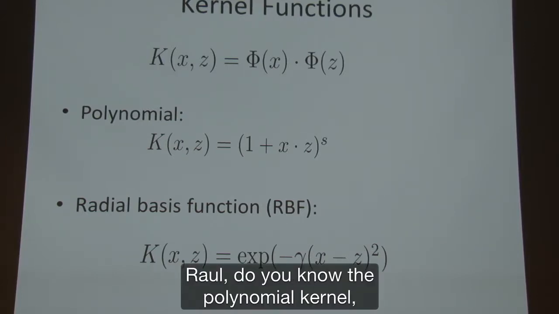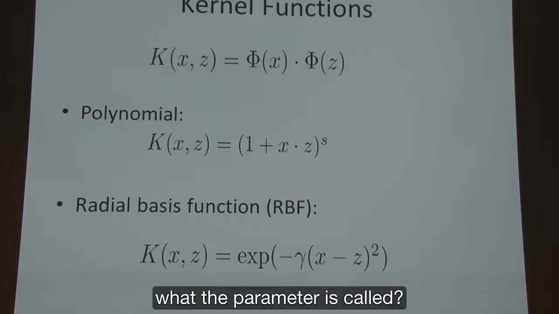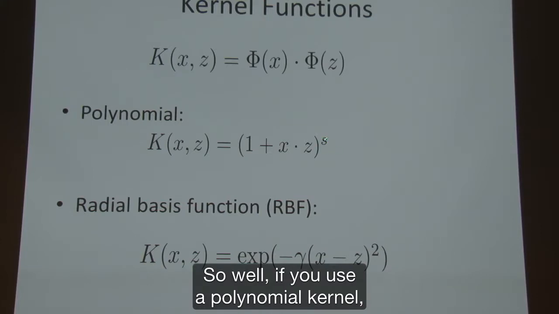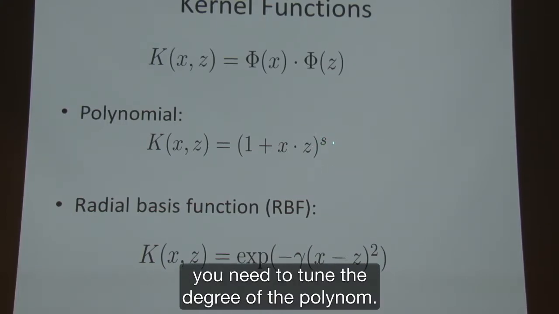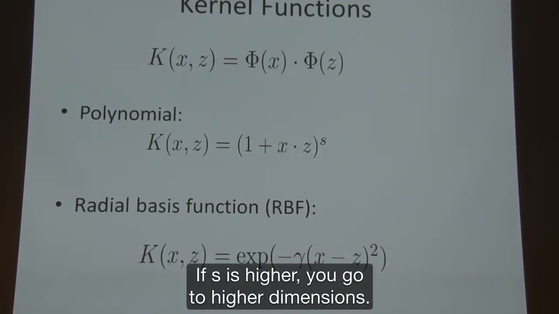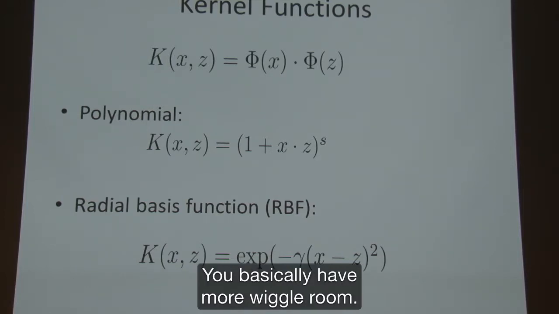Rahul, do you know the polynomial kernel, what the parameter is called? For the RBF, the corresponding thing is called gamma. But if you use a polynomial kernel, you need to tune the degree of the polynomial. And that gives you more degrees of freedom, right? If s is higher, you go to higher dimensions, you basically have more wiggle room.